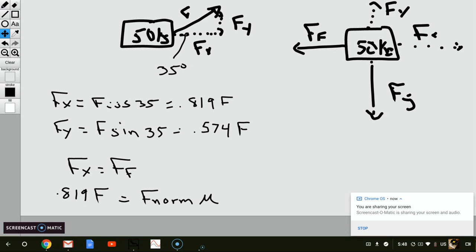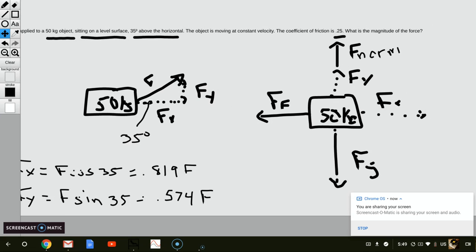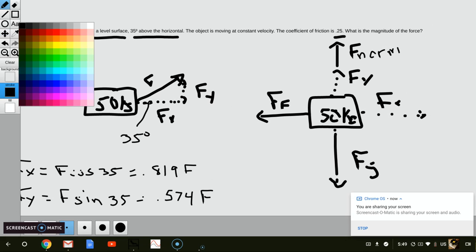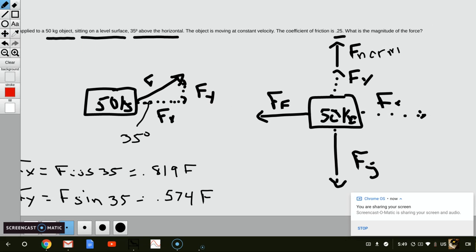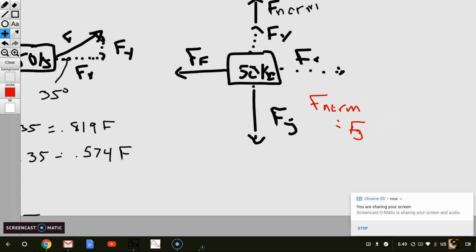Well, in this case, I'm going to draw this in red so you can see it. F norm is going to be equal to Fg minus Fy, because F norm and Fy adding up will equal Fg. So F norm is actually going to equal Fg minus Fy.